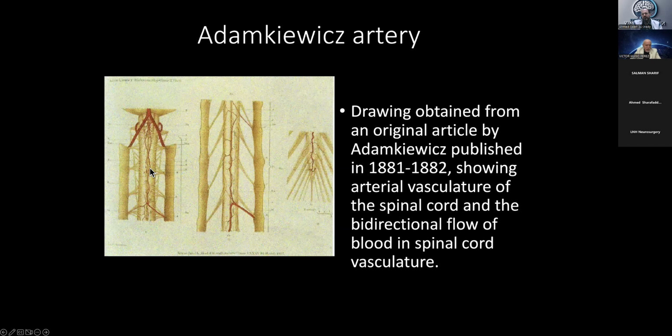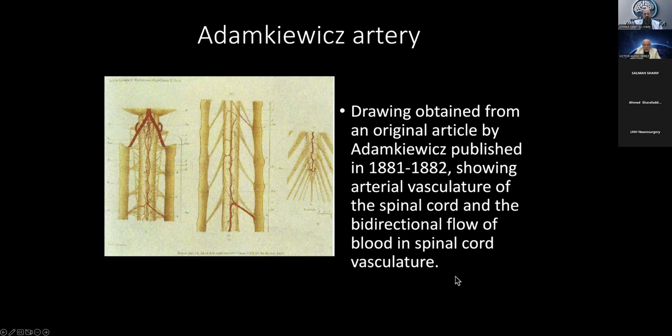And on the left side, we have the two vertebral arteries giving rise to the anterior spinal artery. And on the right side, the conus medullaris with the ending of this anterior spinal artery. At that time, these pictures were really good to understand the basic anatomy of this artery.